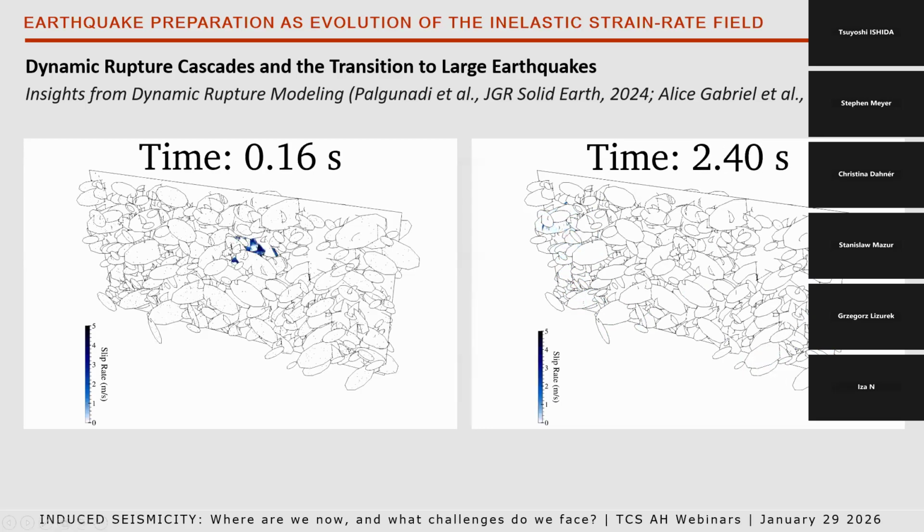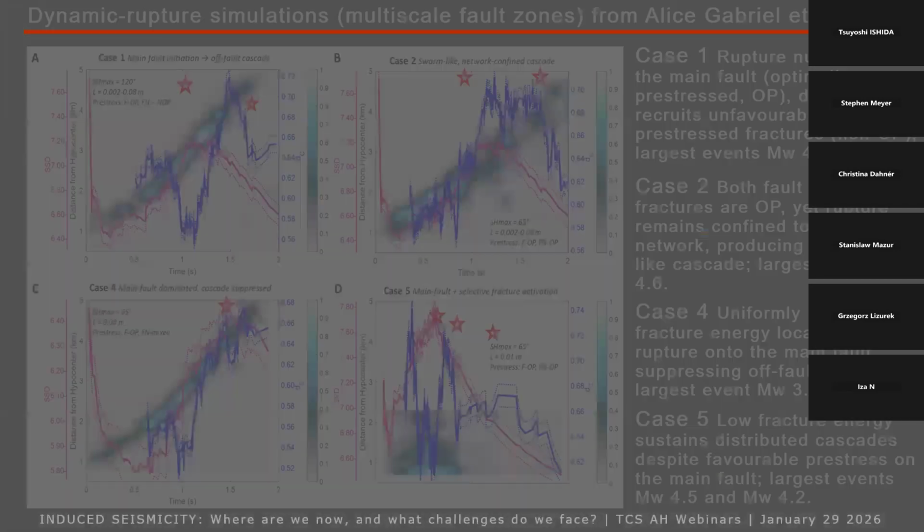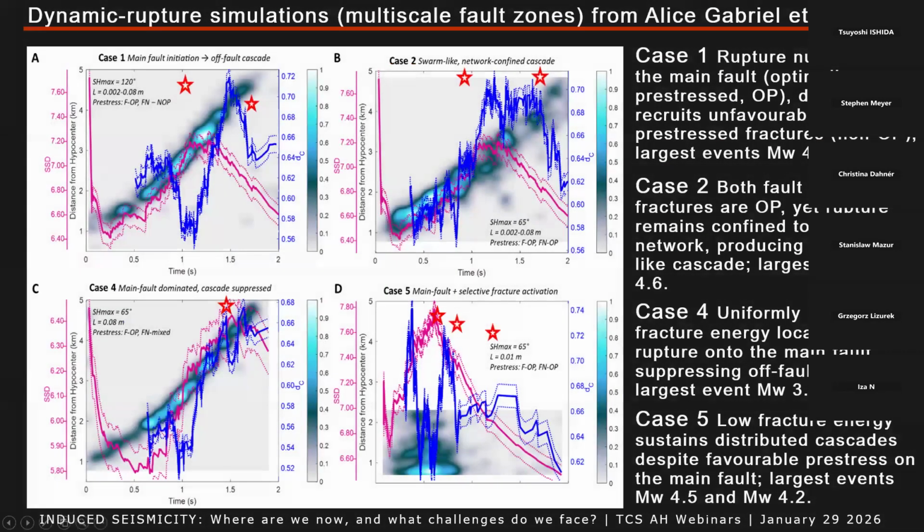And I would like to present the results. Here are results for 4 cases. First, I would like to explain that each case represents different conditions: different pre-stress, fracture networks with different orientation, optimally oriented or not optimally oriented, and low or higher fracture energy.